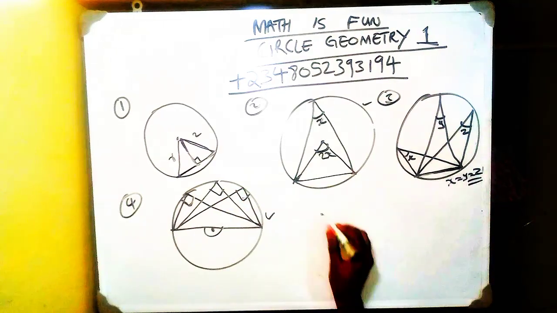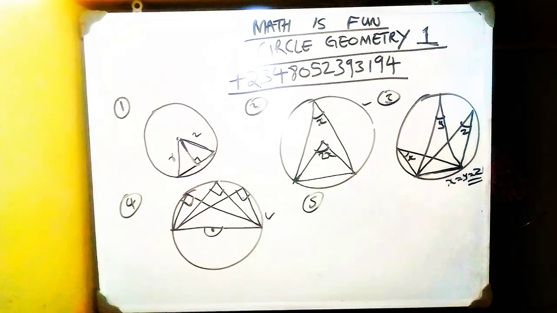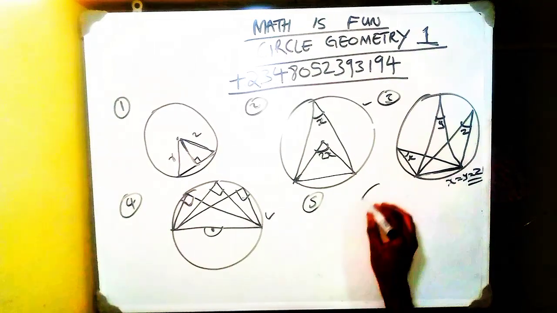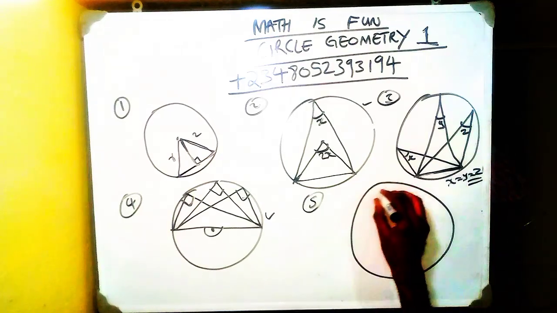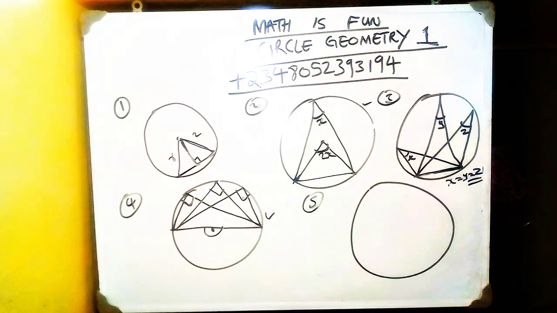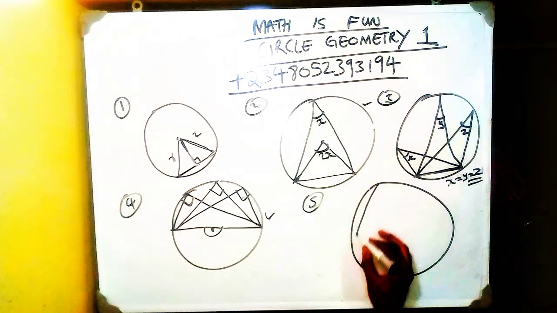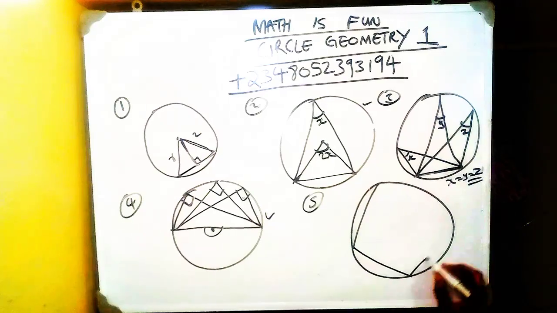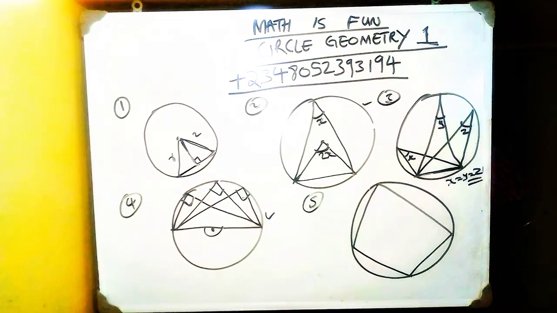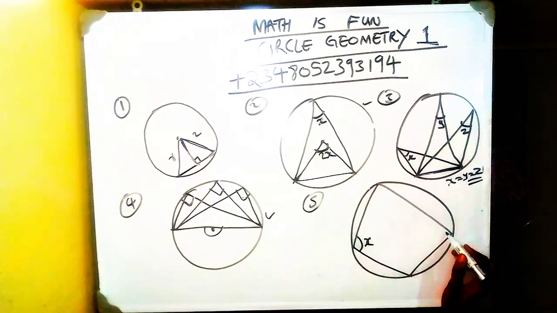The last one but not the least, number 5, is that the opposite angles of a cyclic quadrilateral are supplementary. A cyclic quadrilateral is any four-sided shape where all the vertices touch the cycle. For example, you can have something like this: 1, 2, 3, and 4. This angle is x and this angle is y.